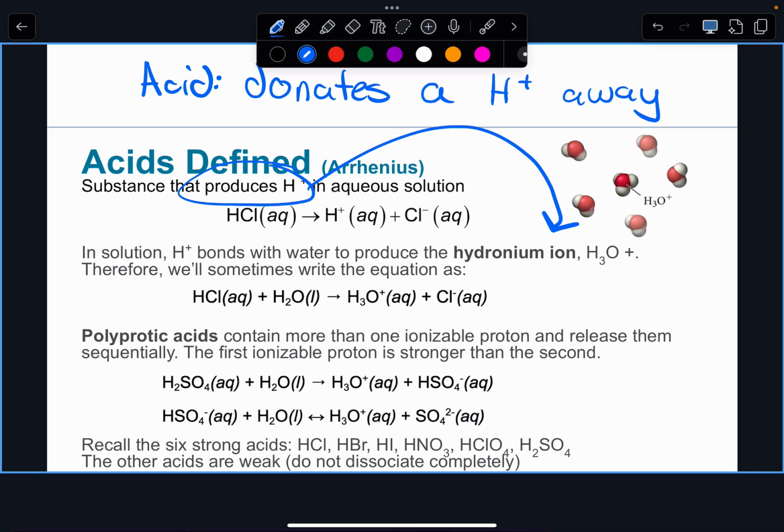So, hydrochloric acid, super commonly known acid, looks like this. And when it gets in water, it's actually a little bit odd because the hydrogen behaves a little bit like a metal. When hydrogen is by itself, it has no properties of metal. It's not shiny, it's not malleable, none of that stuff. It's a gas.